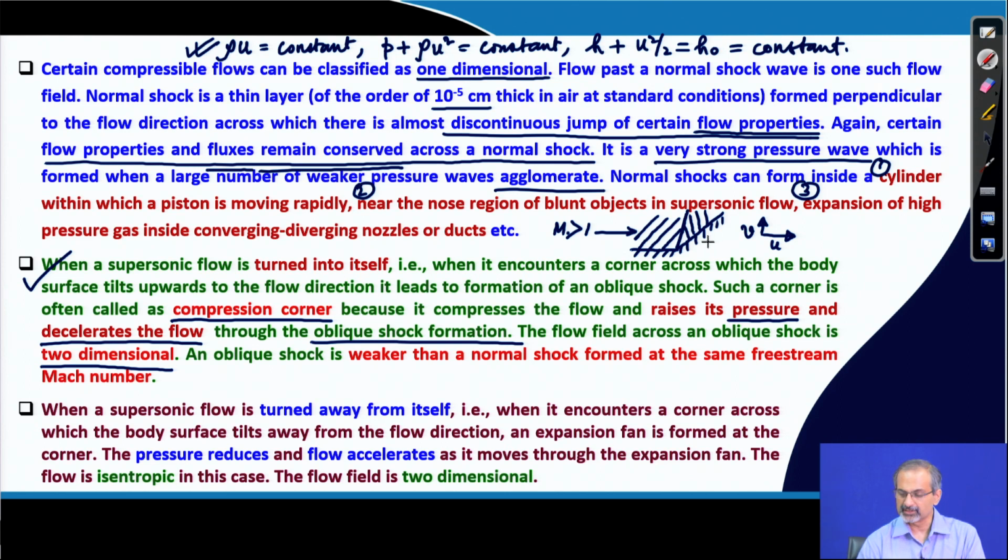Anyway, if you consider this to be an inviscid potential flow in a compressible sense, then what happens is that the flow has to remain tangential to the tilted surface, and therefore, if you vectorially sum up these components, then you have the resultant velocity which should lie parallel to the wall.